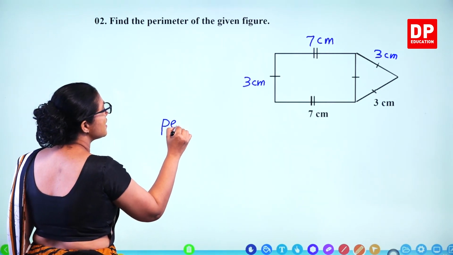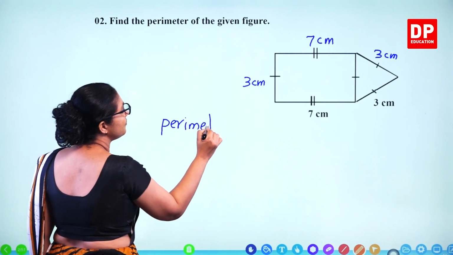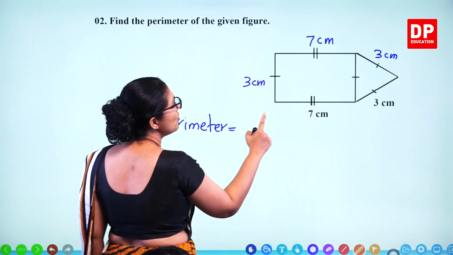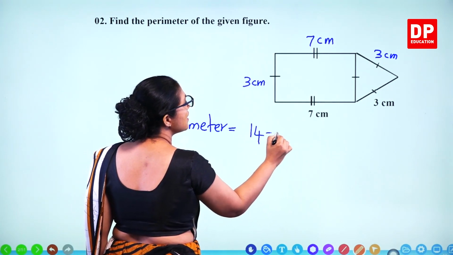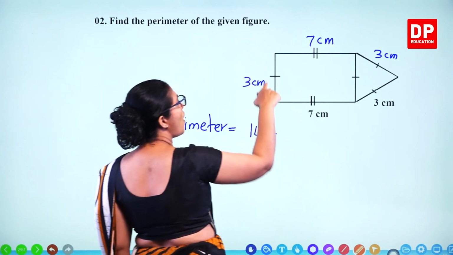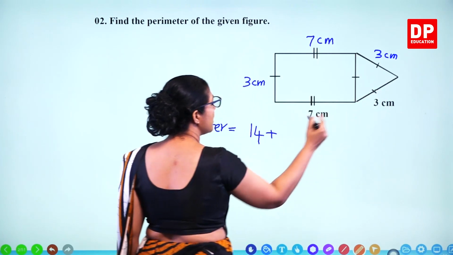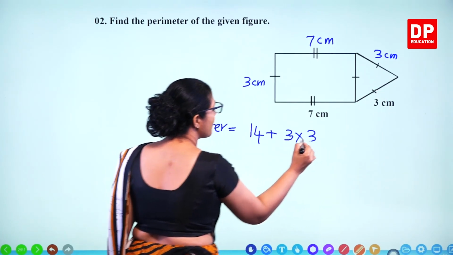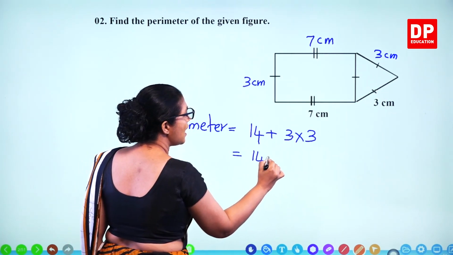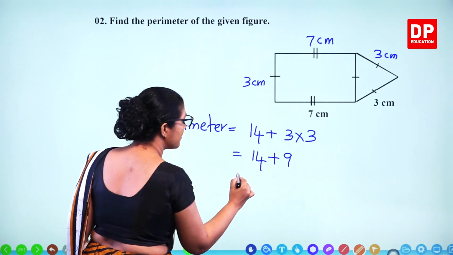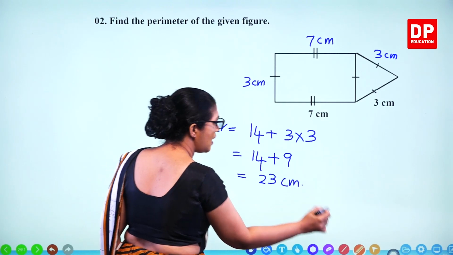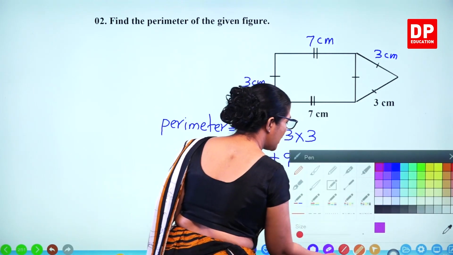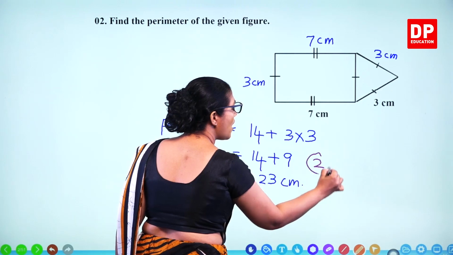So perimeter is equal to 7 and 7, 14. How many 3s? 1, 2, 3. 3 times 3, so you get 14 and 3 times 3, 9. 23 centimeters is the perimeter of this figure. So you get 2 marks.